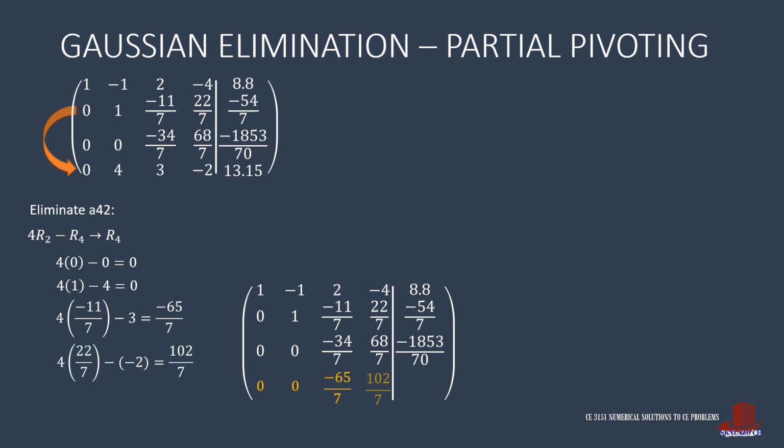The fourth element is computed as 4 times 22 over 7 minus negative 2 to get 102 over 7. The last element is 4 times negative 55 over 7 minus 13.15 to get negative 6,161 over 140. After the operation, the matrix will look like this.